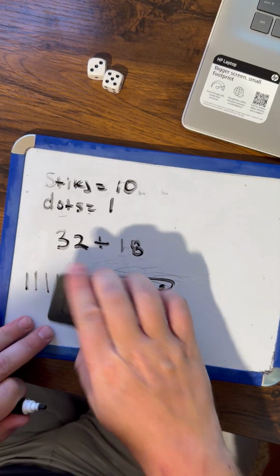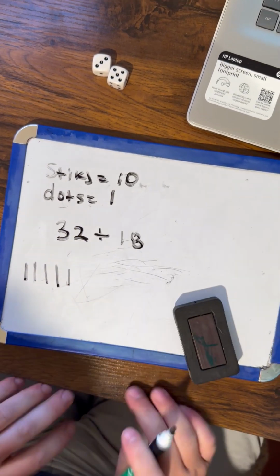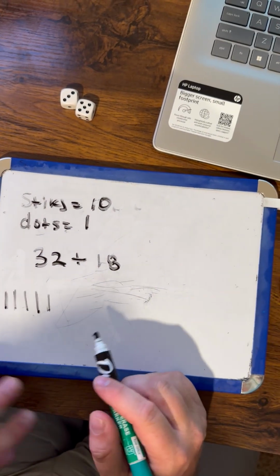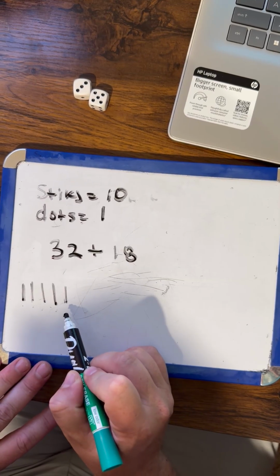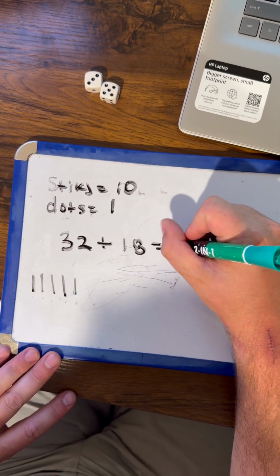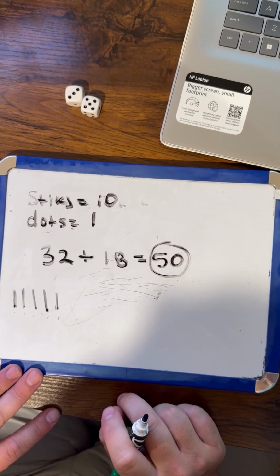And then those 10 ones are going to equal 1 more stick to symbolize the 10. So then we can count our sticks, 10, 20, 30, 40, 50. Meaning that after Jake's friend gave him 18 more toy cars, we now have 50 toy cars.